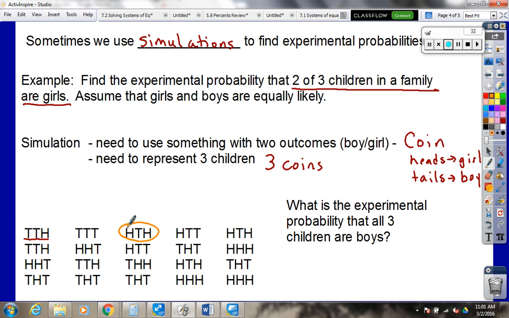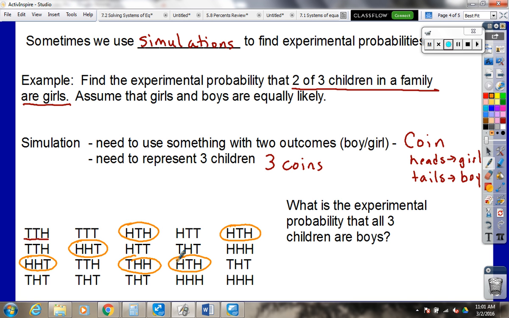Any example that has 2 heads had 2 girls. This one's not it. This one has 2 heads. This one has 2 heads. It says it's 2 out of 3, so we can't use 3 out of 3. Use this one. 2 heads. 2 heads.